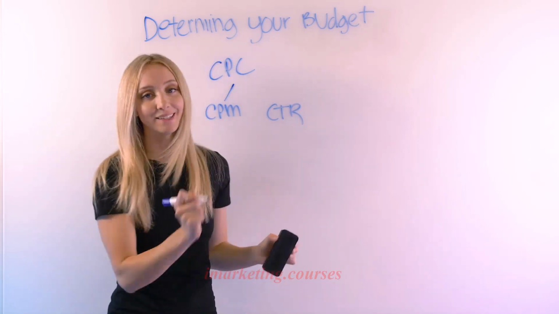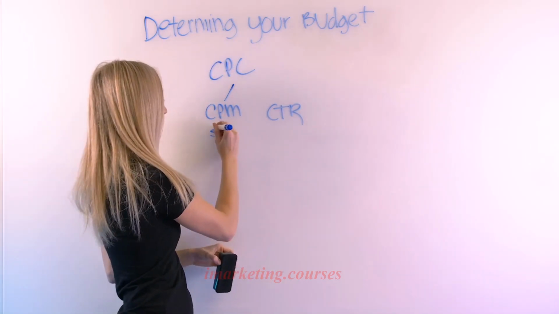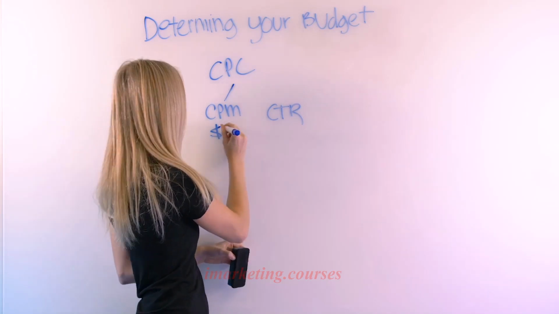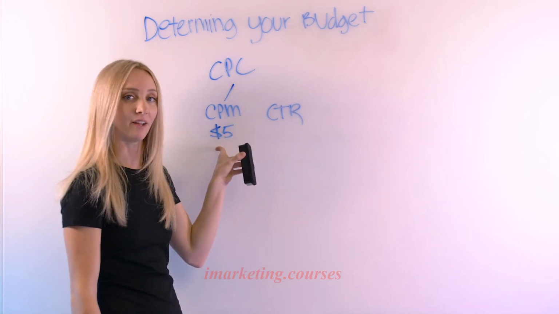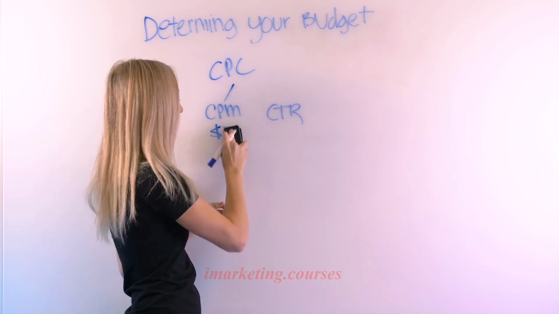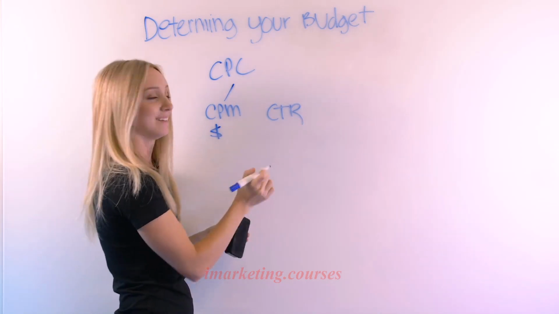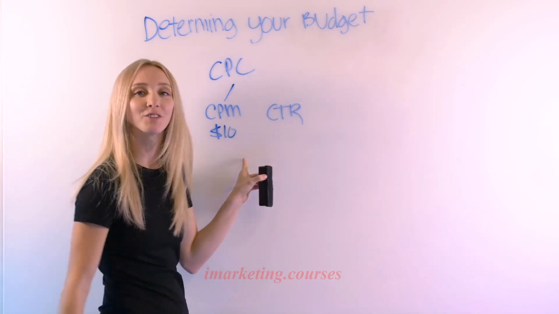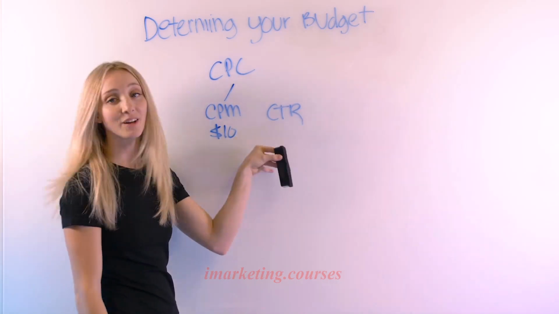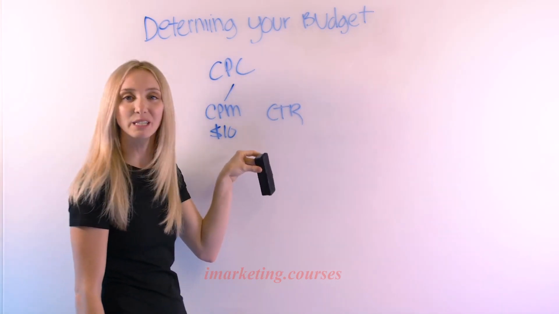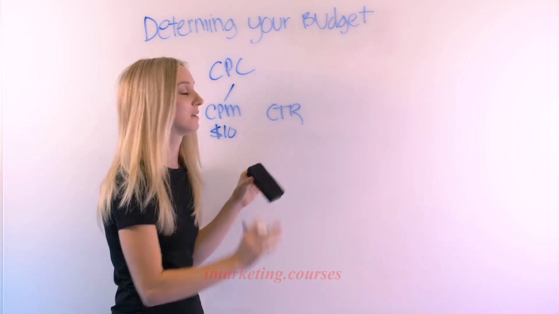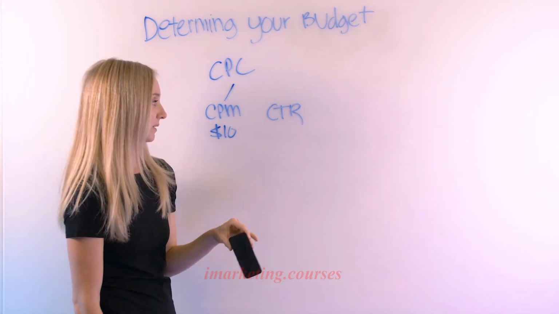So let's say in this example, my CPM is $5. So my cost to reach 1,000 people. Actually, I'm going to use $10 because I like using my tens, hundreds, ones, $10 CPM. So maybe it's a bit more of an expensive time. We're coming into Black Friday or a big sales period.